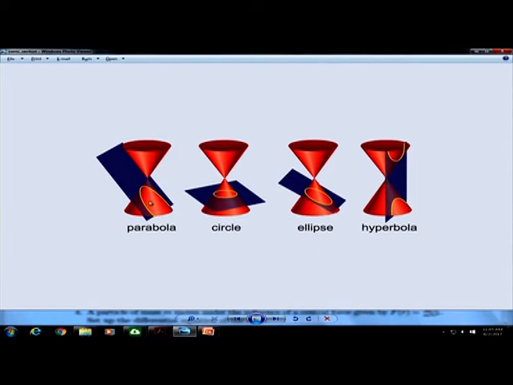So, we see that depending on the angle at which the plane cuts this two-cone system, with one cone placed on the ground and one cone put vertically on top of the second cone like this, we have a parabola, a circle, an ellipse or a hyperbola, depending on the nature of the interception.